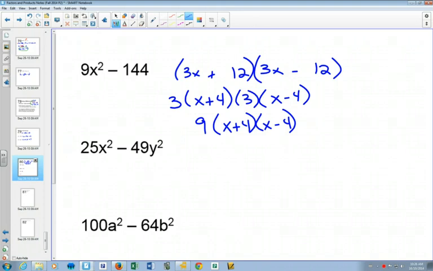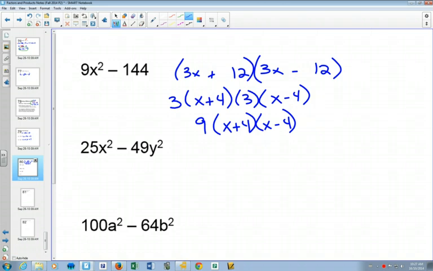So one of the things that we're doing is when we factor, we're always checking after we factor to see if it equals the thing that we had before. So after I did the 3x plus 12 and the 3x minus 12, then I looked back and FOILed it out, and sure enough, it was the same as 9x squared minus 144.